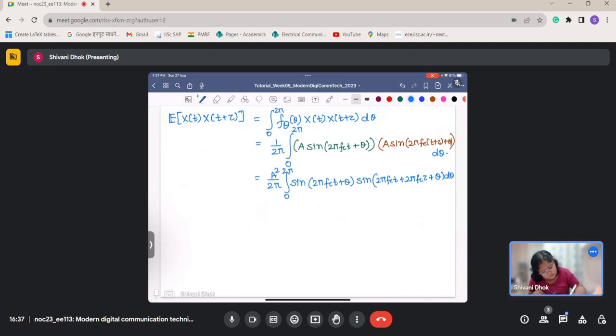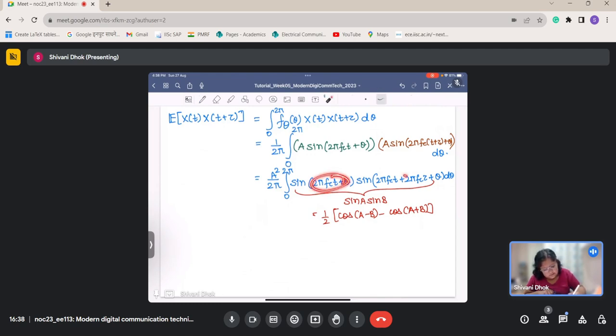This is basically similar to sine A sine B, and sine A sine B is nothing but 1 by 2 of cos of A minus B minus cos of A plus B. So if we do that, what do we have here? A is 2 pi fc t plus theta minus this quantity, 2 pi fc t plus 2 pi fc tau plus theta. If I subtract these, what I am left with is simply this quantity here.